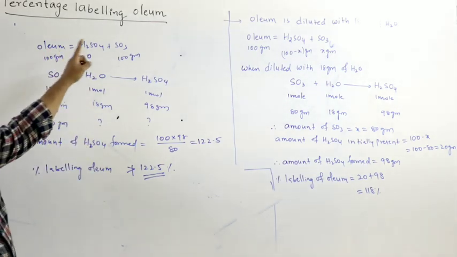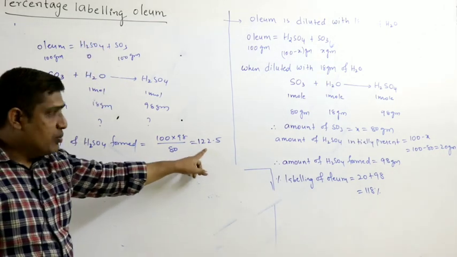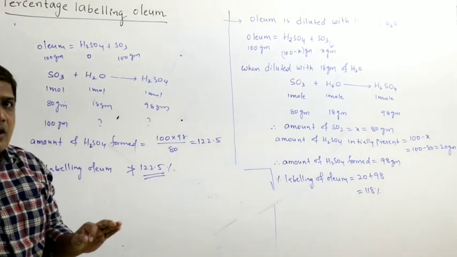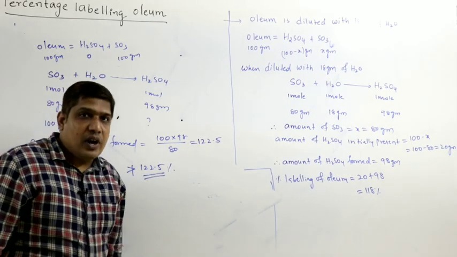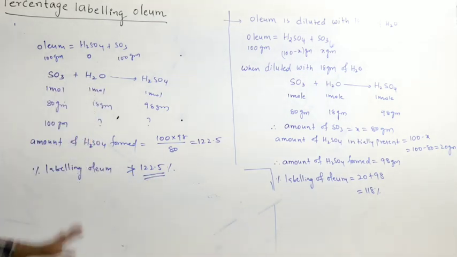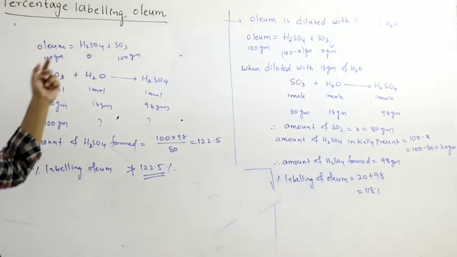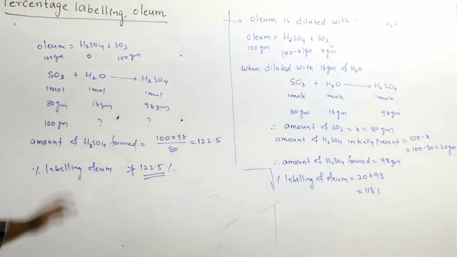If there is no initial amount of H2SO4, you cannot call it oleum. So the percentage labeling of oleum cannot be greater than or equal to 122.5.